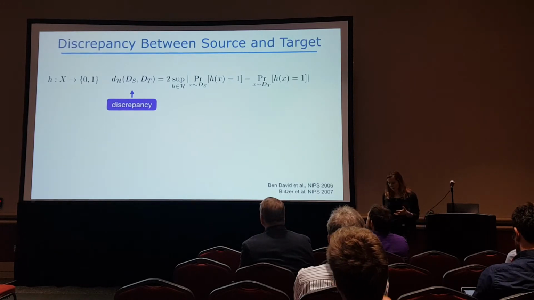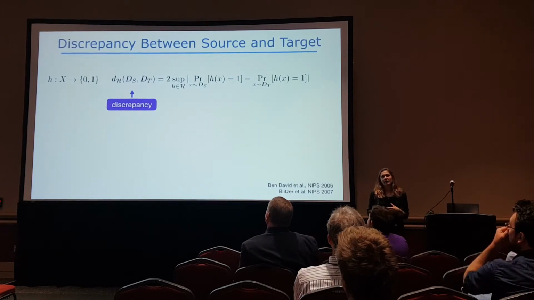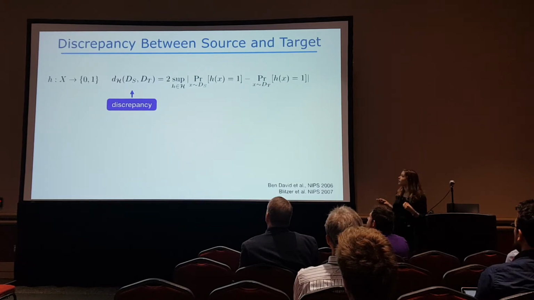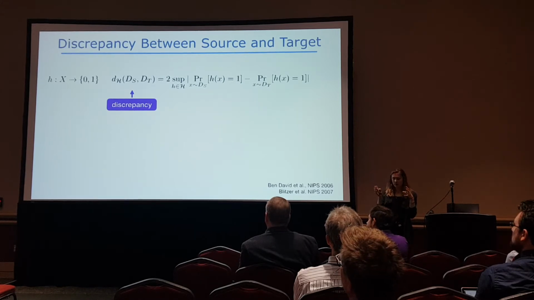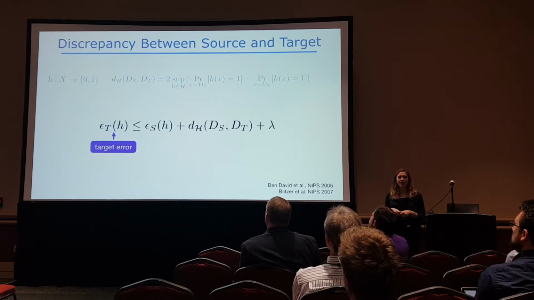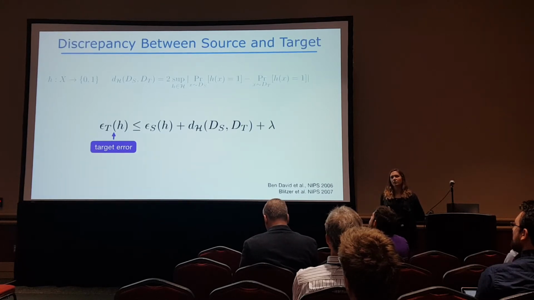So really briefly, this notion of discrepancy is simply just asking how large is the difference in terms of the difference between your source and your target probability space under any given partition of your space. And once you have that notion, you can now derive a probabilistic upper bound on your target. And kind of importantly, this upper bound is in terms of two key functions.